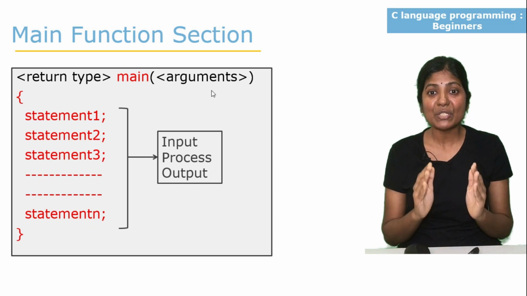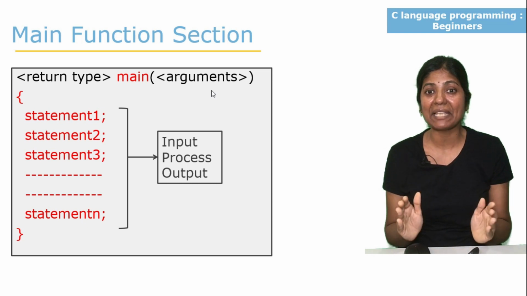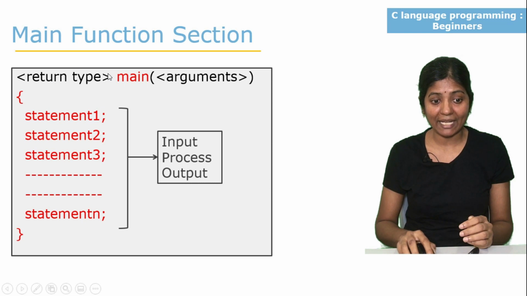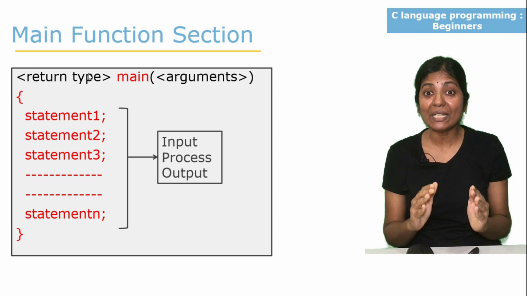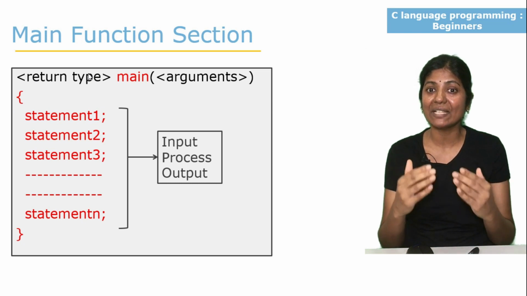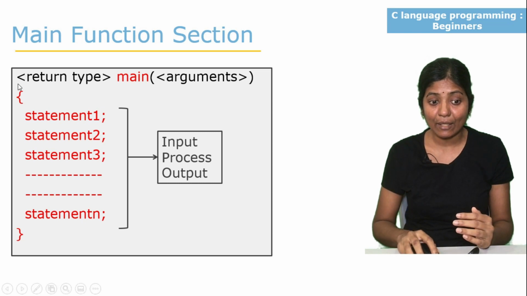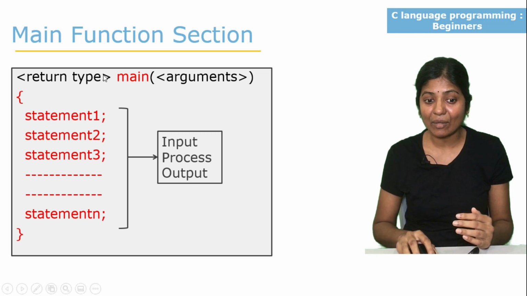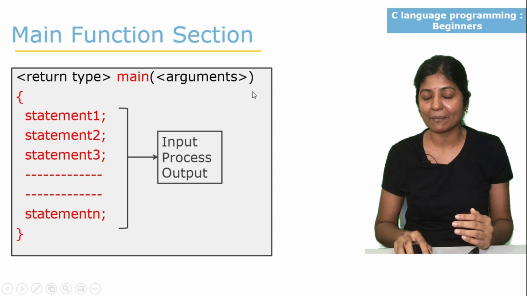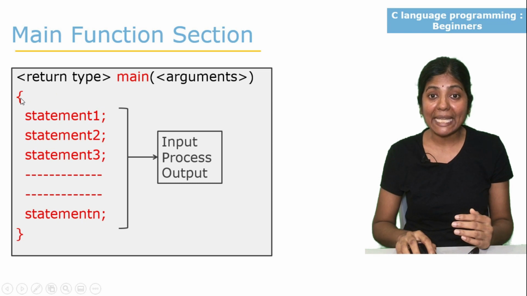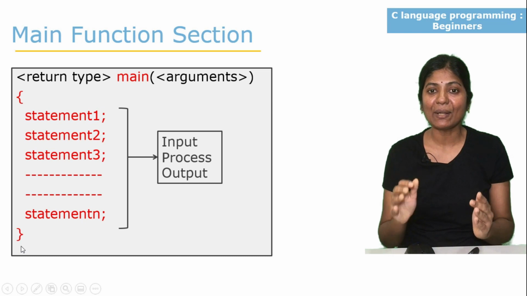One more thing we should note here is that we should not read all the symbols in the same way. Let's say these are also brackets and these are also brackets, like that. We need to read clearly. Then only will others understand what we are saying, or we can understand what others are saying. Let's say these are the opening angular bracket and closing angular bracket, and these are the opening parenthesis and closing parenthesis, and these are the opening flower brace or opening brace, closing flower brace or closing brace.